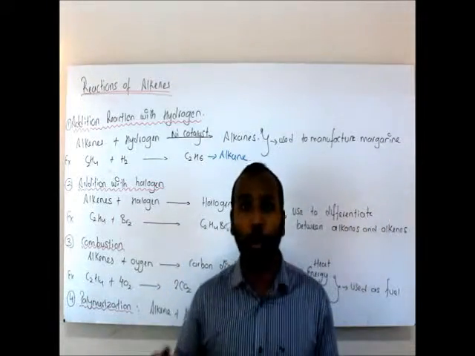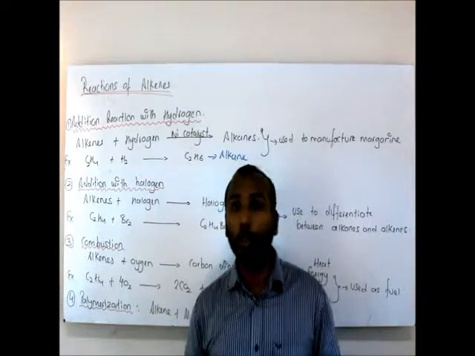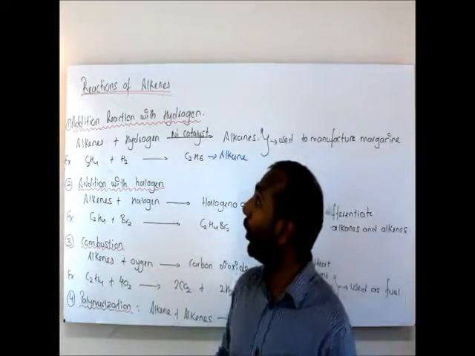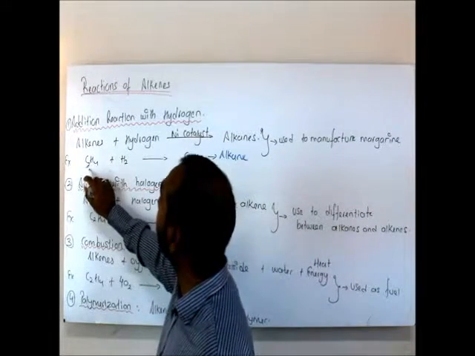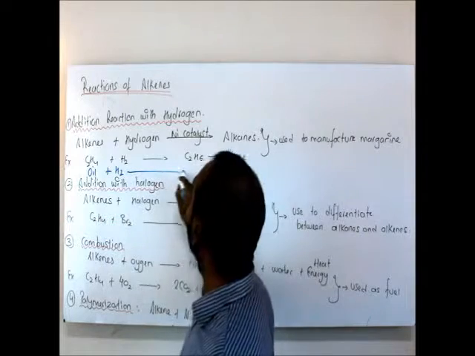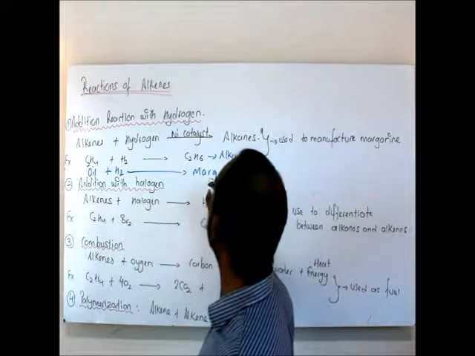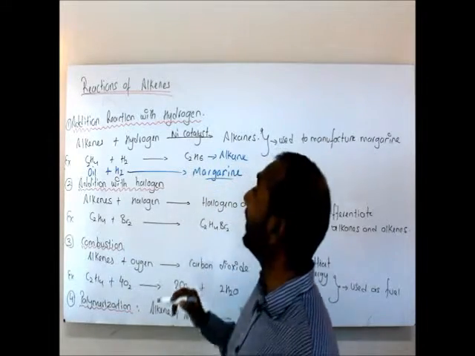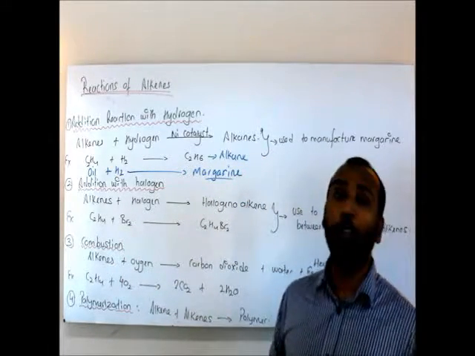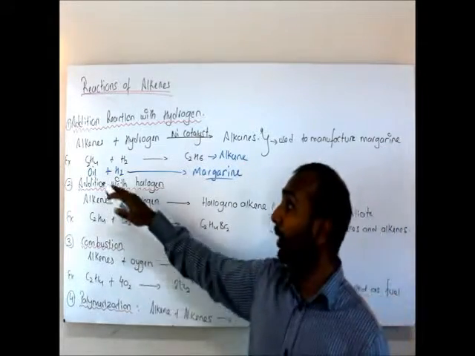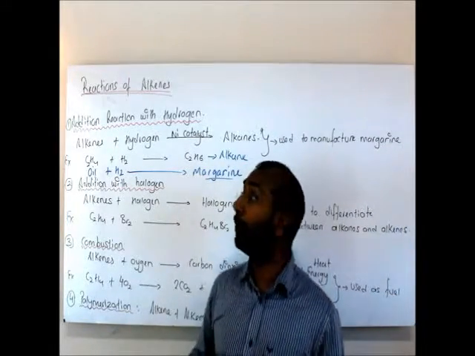What is the use of this reaction in industry? Plants give us oil. If we take oil from plants and add hydrogen to it, it gives us margarine. This is an important step in which we manufacture margarine using oil from plants, because the oil contains a lot of double bonds.